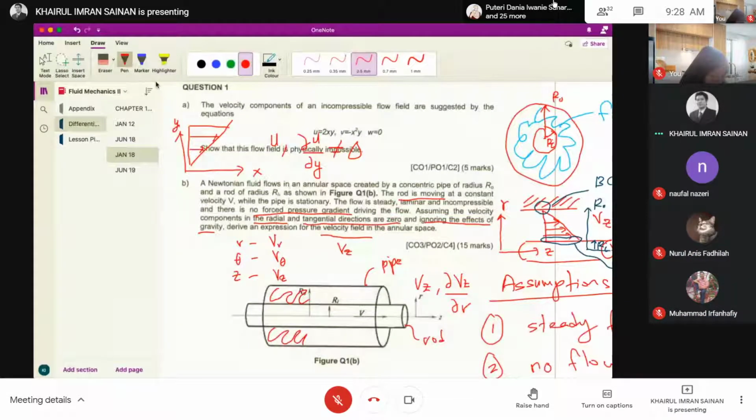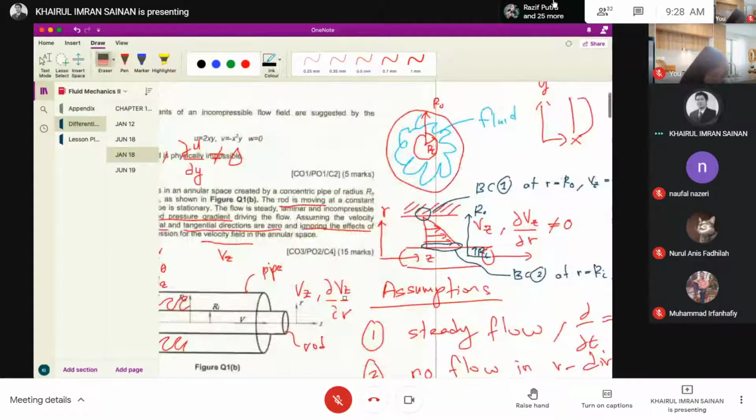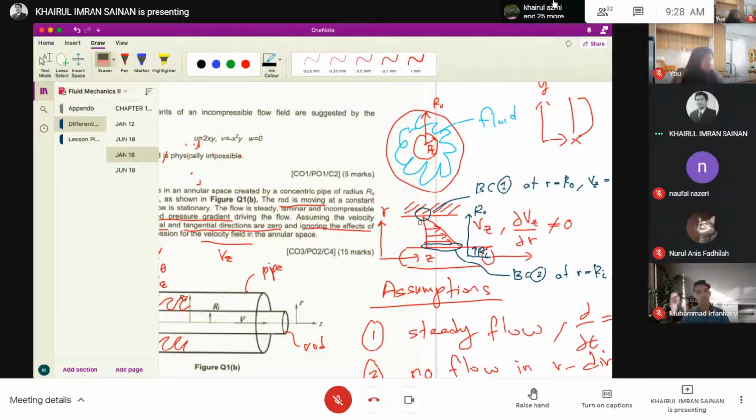Okay. So the profile will look similar to a fixed plate and a moving plate. We analyze it through 2D, right? Because at the bottom, the rod is moving to the right, and the top is the pipe, which is fixed. So basically, you're going to have a triangle as your velocity profile.